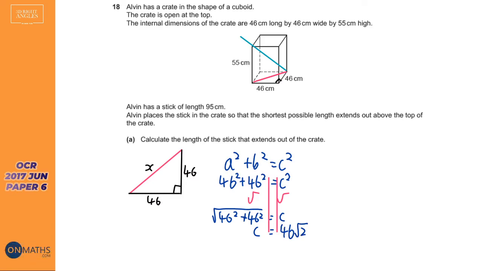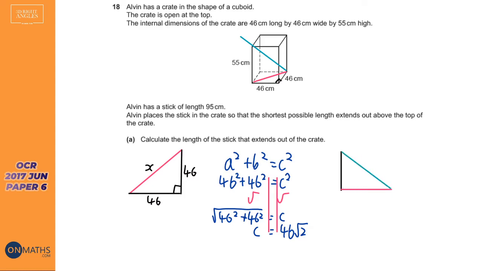Okay, and then we're going to draw in the other right angle triangle to be able to answer this question. And so that's going to be the 55, and then the one we've just worked out, and that will give us the diagonal.